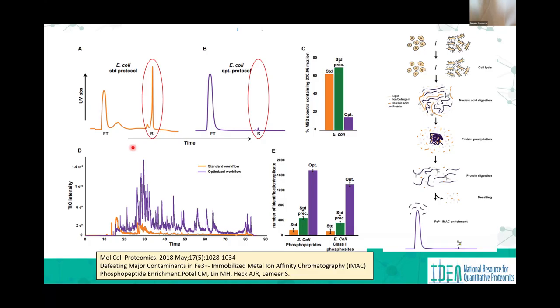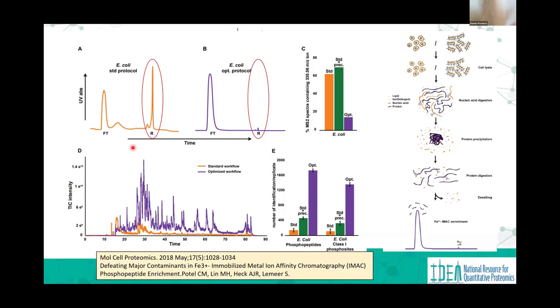You go back and you start looking back at papers before, and one lab would use a digestion method where through their processing, the DNA was removed from the protein. Those labs got much better results in phosphopeptide enrichment.